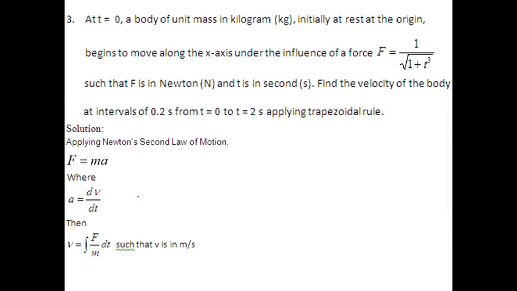So we can rewrite this as a dt equals dv. Then we integrate a dt, so the d will be removed, and acceleration is f over m. Therefore v equals the integral of f over m dt, such that v is in meters per second.